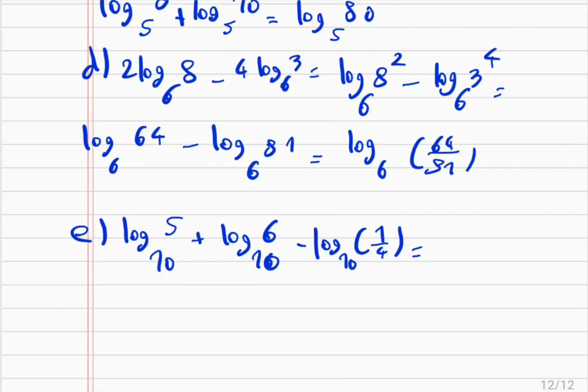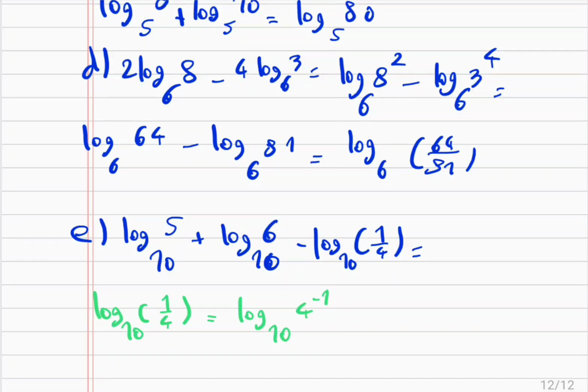Okay, so the first thing, this is also another useful trick that we use: when we have fractions and there is a chance of converting them to a whole number, use this trick. So in this case, I'm just going to write it separately first. If we have log base 10 of 1 over 4, we can essentially rewrite this as log base 10 of 4 to the power of minus 1, right?